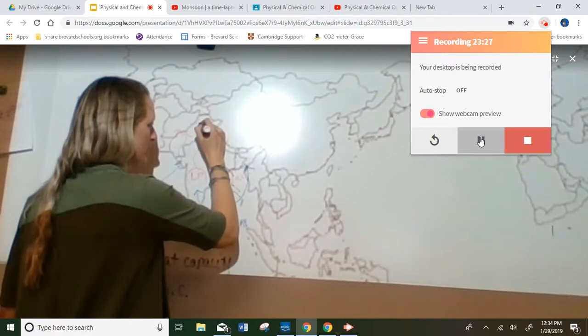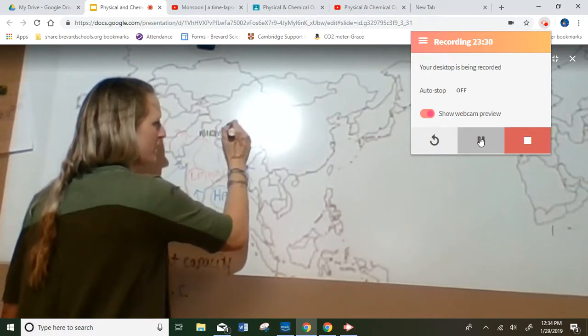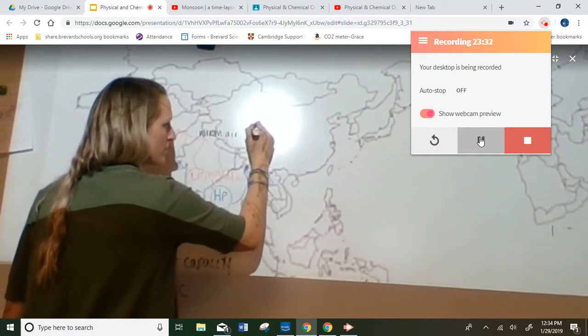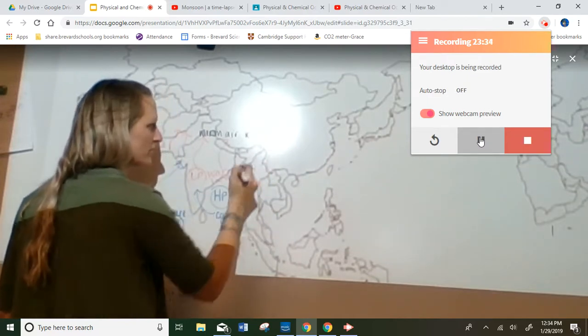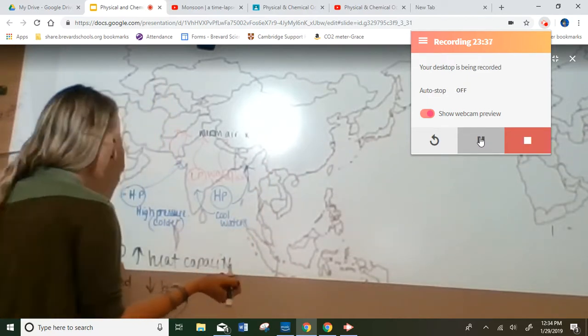So here we're going to annotate it. Warm air rises. That's what warm things do.